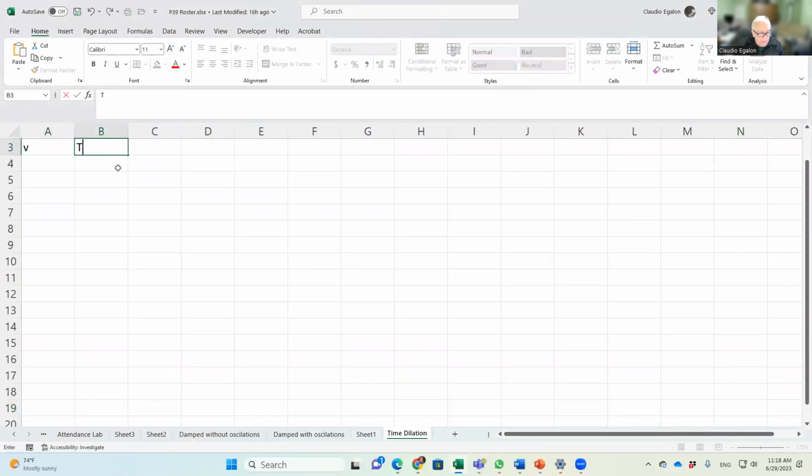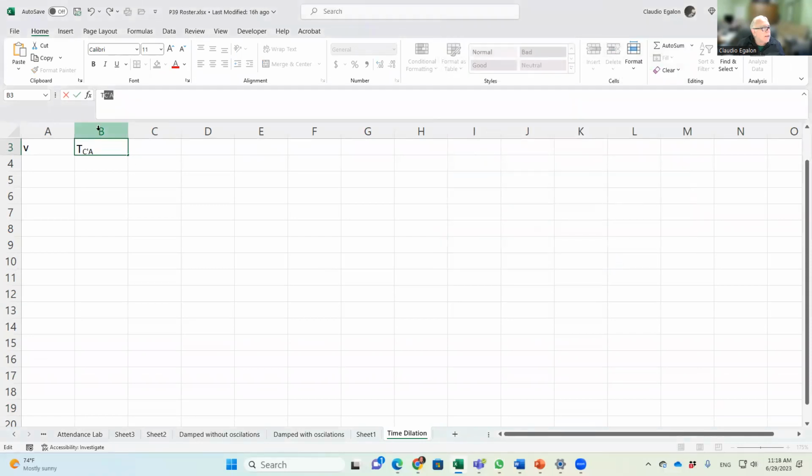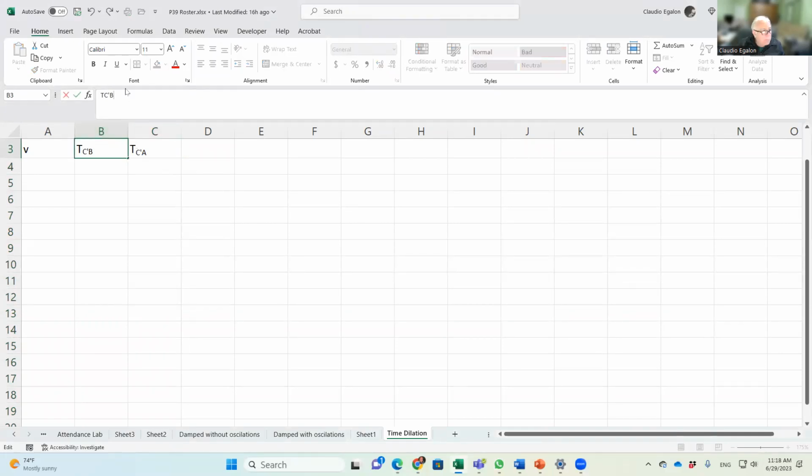T of C prime with respect to A. To the script, and then I'm gonna put also T of C prime with respect to B, right? So let's say it's 1 second in the proper referential.